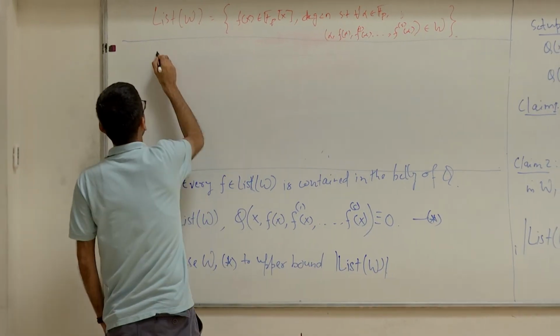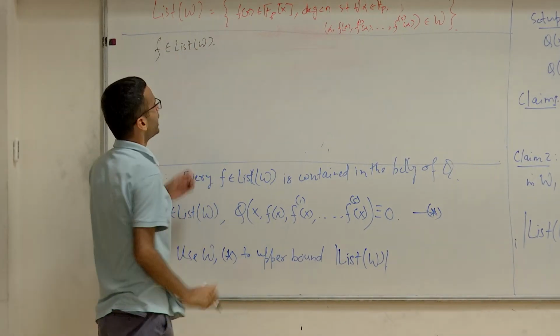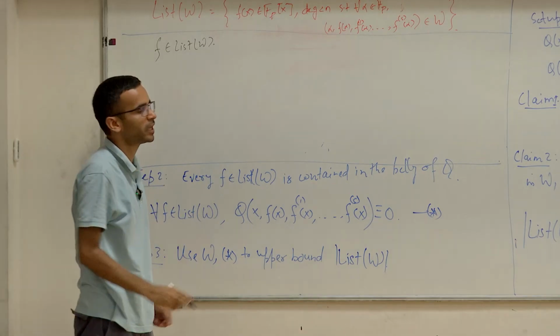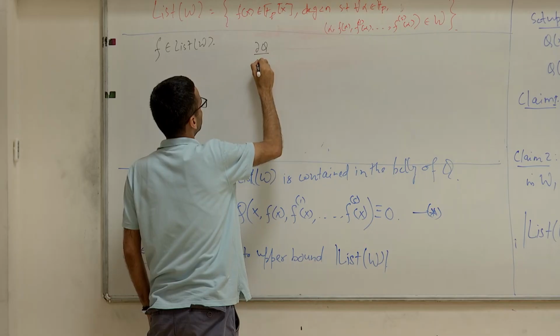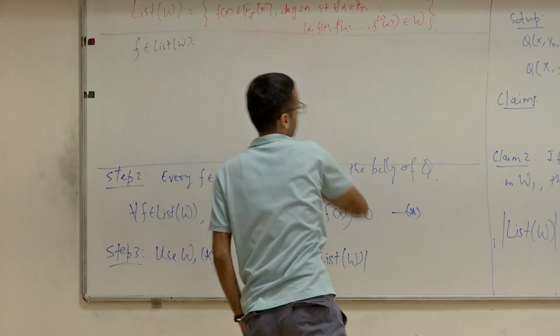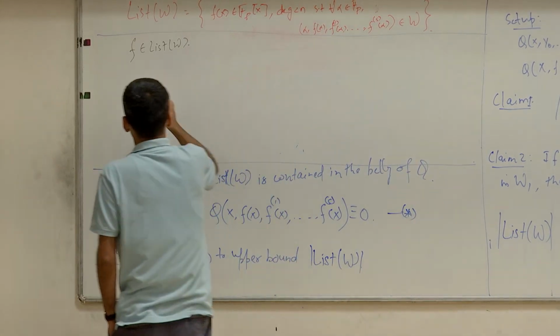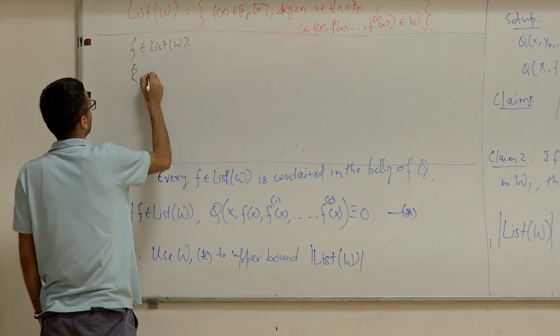So let's take something in the list. It has a neighbor in W1. It means that, okay, let's define R sub f hat of x.